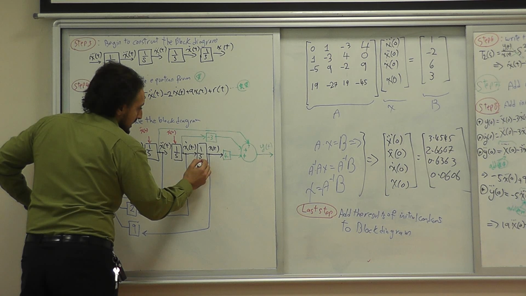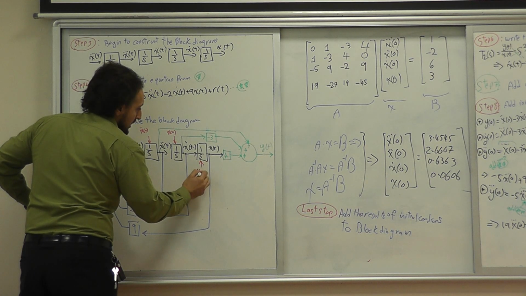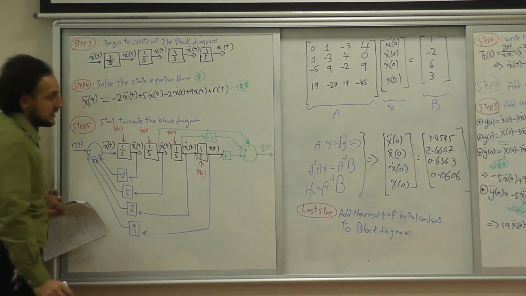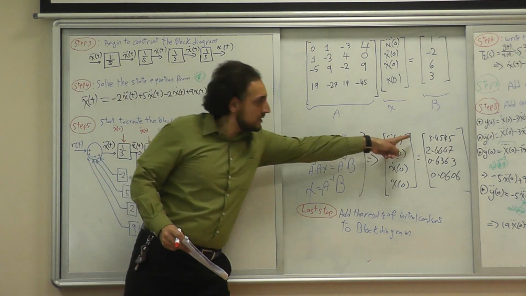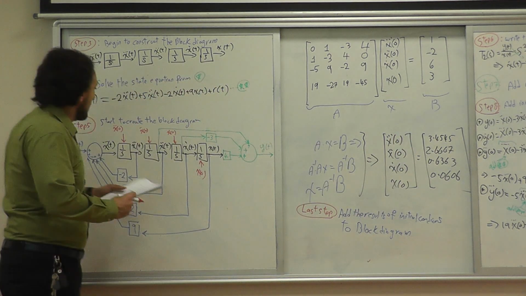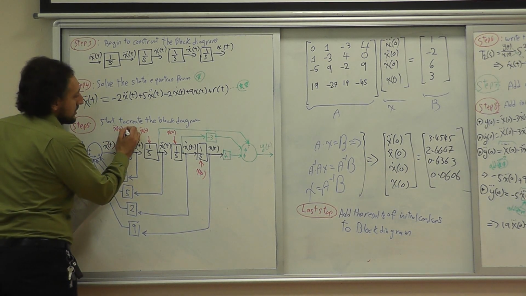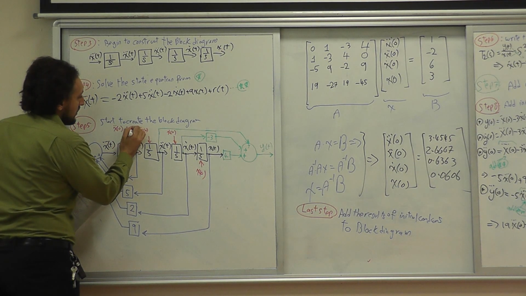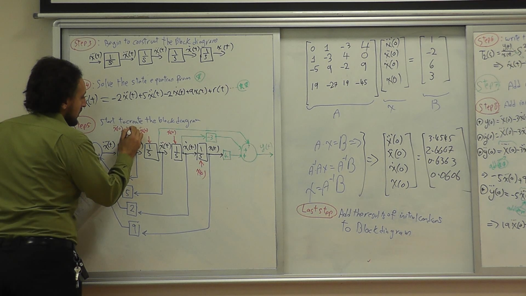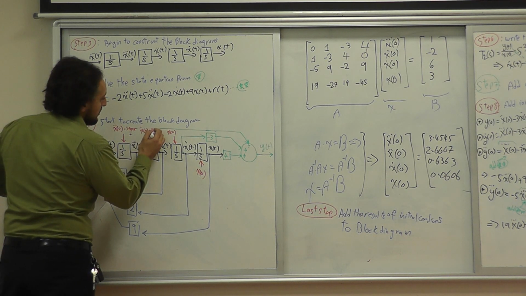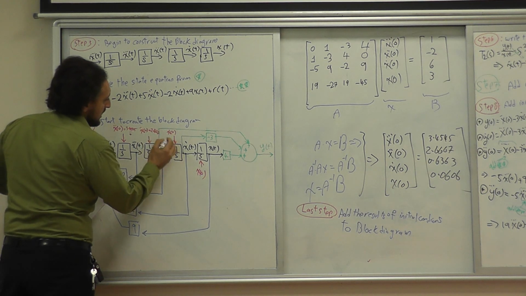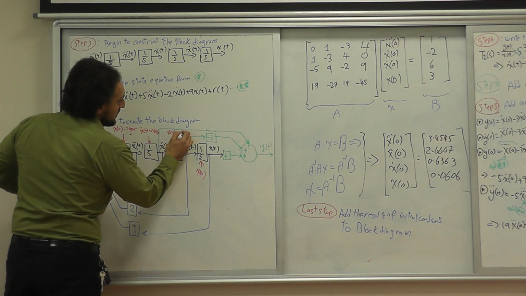And finally x 0. For sure, you can put numbers here, those numbers. You can add them. This equals 3.4545, 0.6667 and this is equal to 0.6.